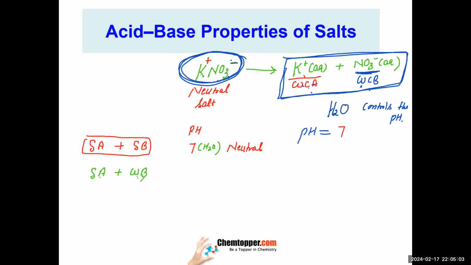If it is stronger, it's an acid, right? So pH will be less than 7. And who is controlling it? The strong conjugate acid of weak base. And we are going to call that salt acidic.